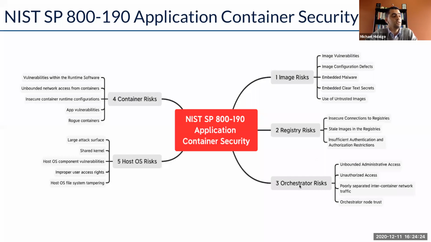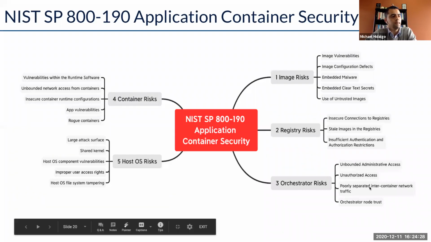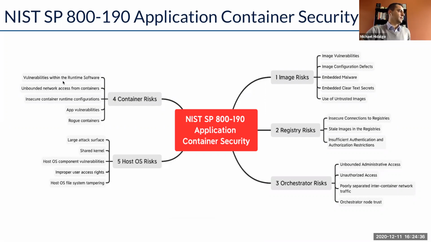In terms of orchestration, it talks about unauthorized access, poorly separated inter-container network traffic, and orchestrator node trust. Also, in the container risk, you have some of them like vulnerabilities within the runtime software or application vulnerabilities.